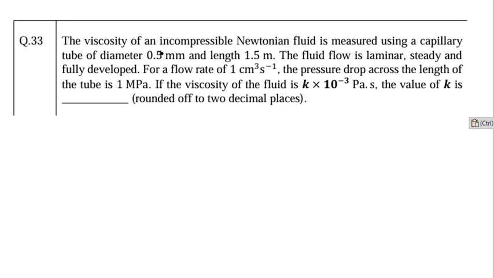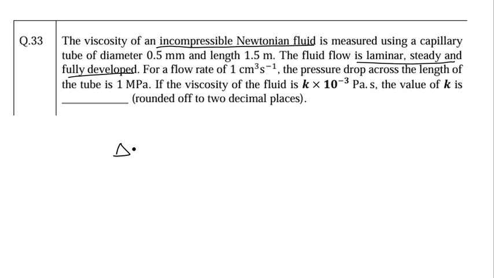So in this question, we need to analyze the question itself. It mentions an incompressible Newtonian fluid, and the fluid is laminar, steady, and fully developed. These are the assumptions used here. So which formula do we come across?